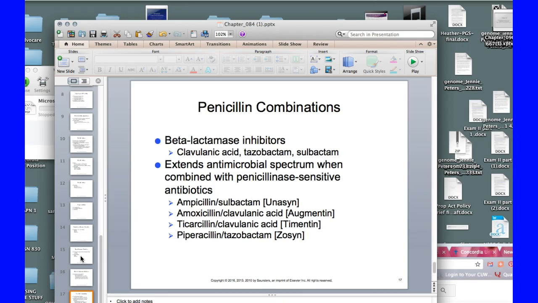If you look down below, what you're going to see in the hospital a lot is piperacillin and tazobactam, that's Zosyn. And again, remember, these are still penicillins, but with that beta-lactamase inhibitor, they actually work on a lot of these gram-positive and mildly gram-negative bacteria.